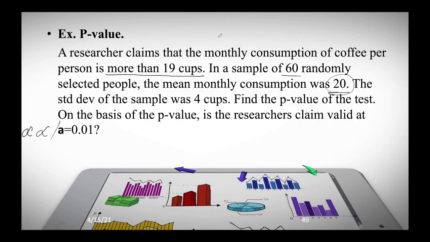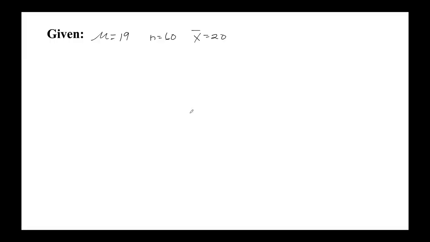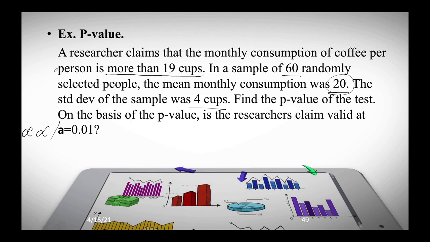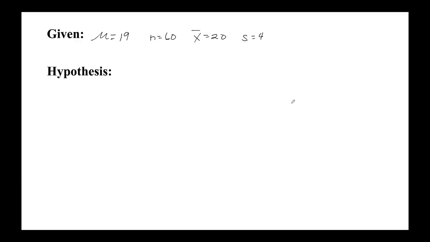So, x bar 20. And the standard deviation of the sample was 4 cups. So, the sample standard deviation is letter S. So, 4 cups. Next, meron pa ba? Wala na. Find the p-value. Okay, wala na. Next na step natin is to have the hypothesis.